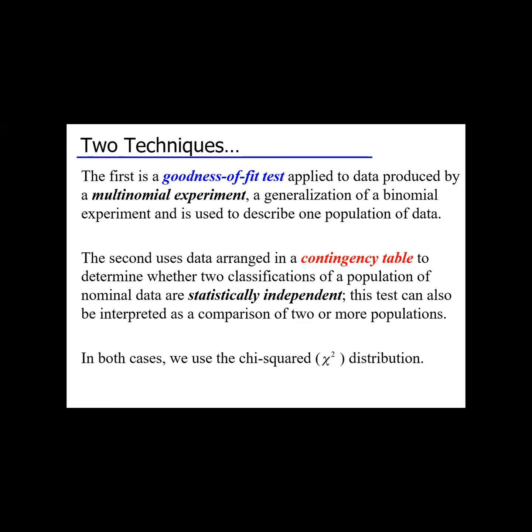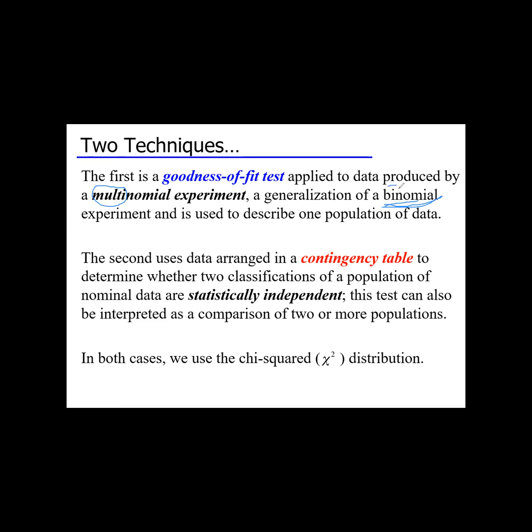Okay. So when it comes to the goodness of fit, this goodness of fit test is applied to the data that is produced by a multinomial experiment. When we talk about multinomial experiment, we talk about that experiment that involves the prefix multi here. The prefix multi here means many. Remember, one of the distributions of probability was binomial, if your mind serves you well.